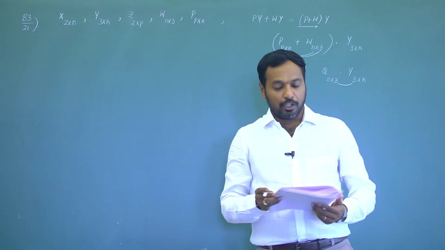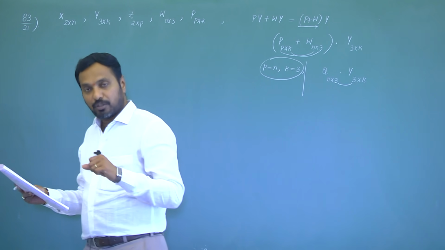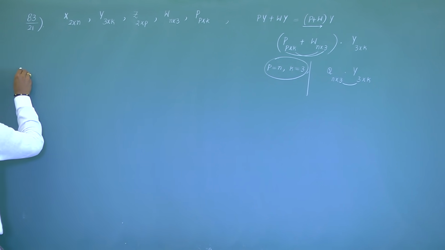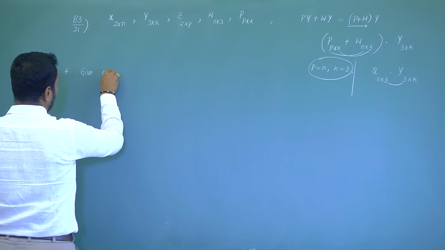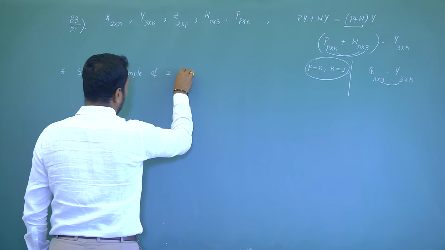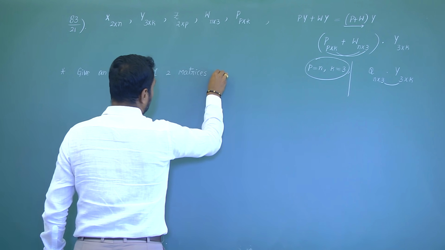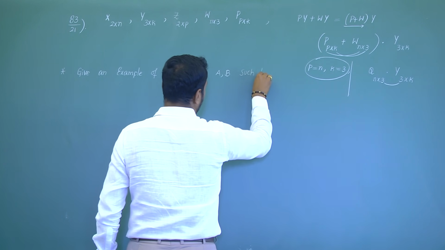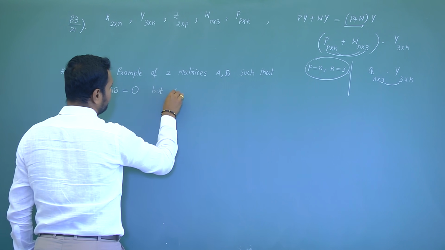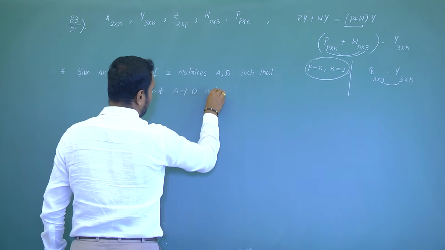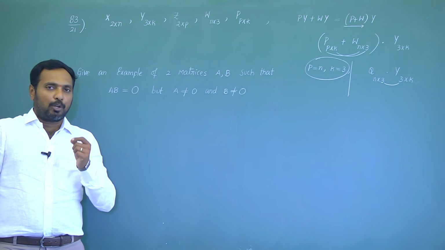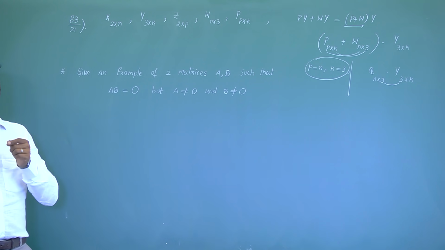And last one, for one mark questions, if they want to test your logical thinking, then they may ask in the PUC examination to give an example of two matrices A, B such that AB equals the null matrix, but A not equal to O and B not equal to O. If you observe the properties of real numbers, if the product of two terms equals 0, then any one term will compulsorily be 0.